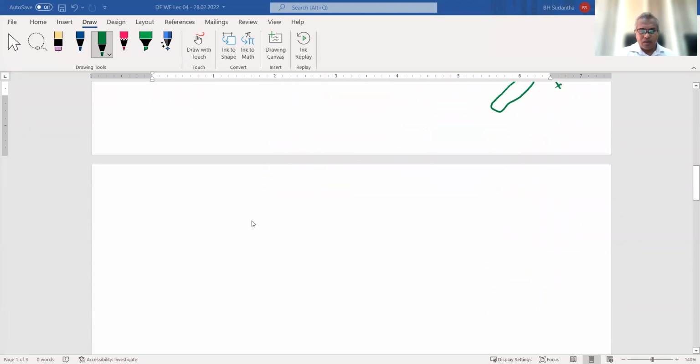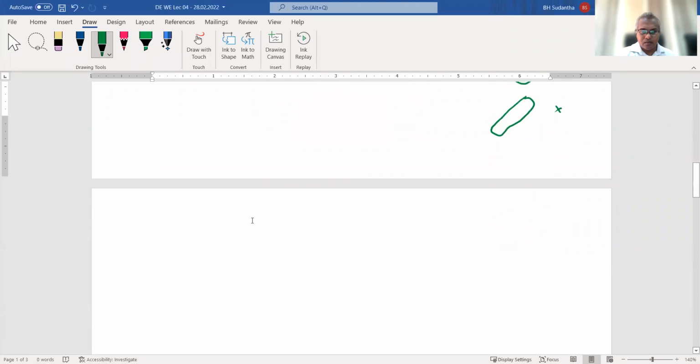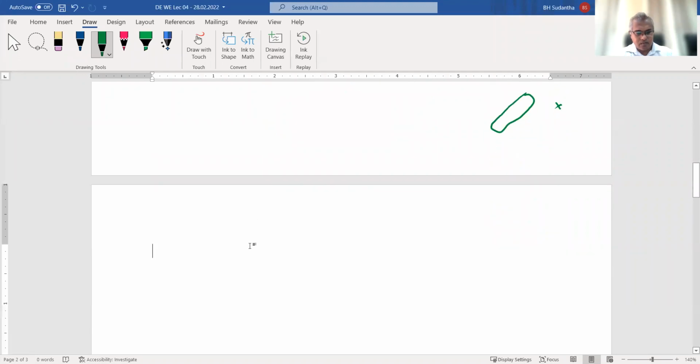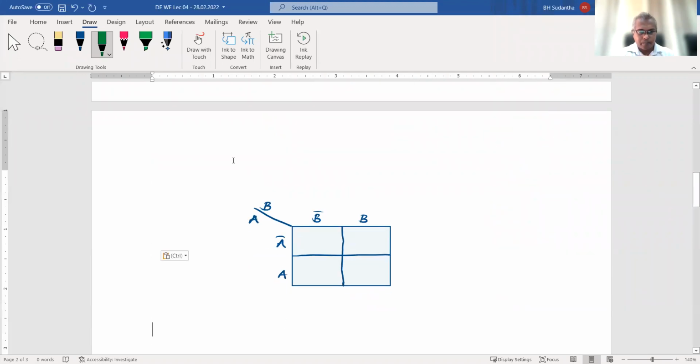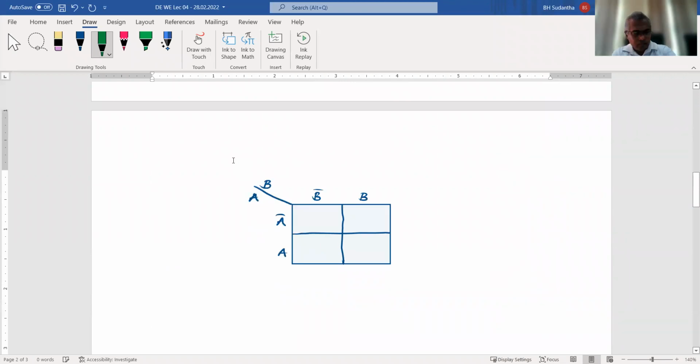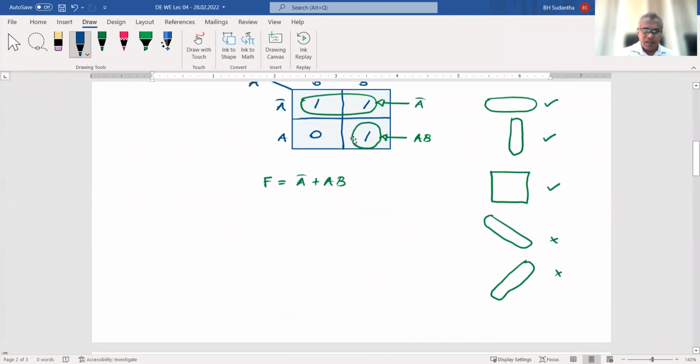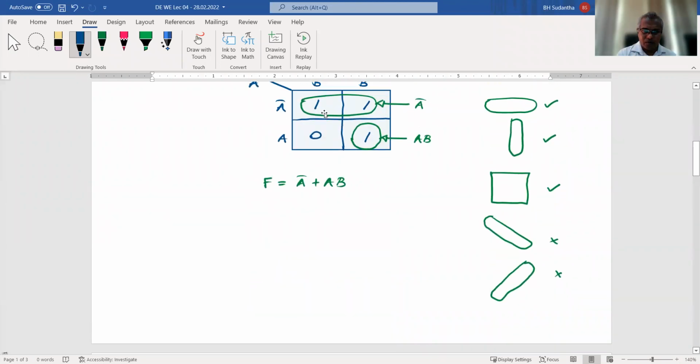Then what about that? This is our Karnaugh map for this particular function. There we made this horizontal group covering this A bar row.